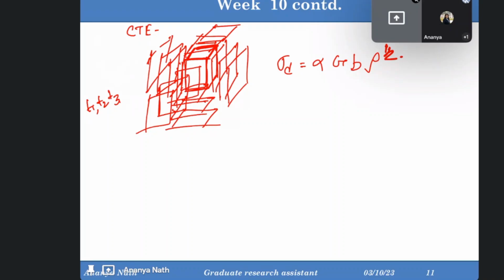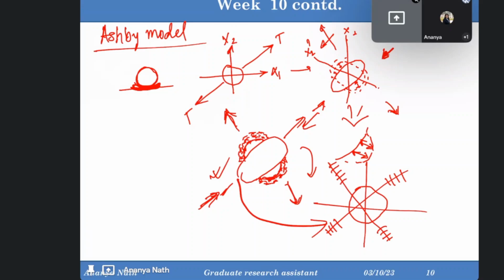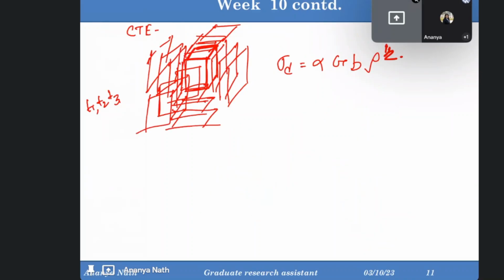So in this model, as we said, the dislocations will be like this and they will be punched out due to the application of load. The CTE model proposed that the dislocations will be spread like this because the particle can be equiaxed. So these are some different models you can take help of when you are modeling some metal matrix composite.